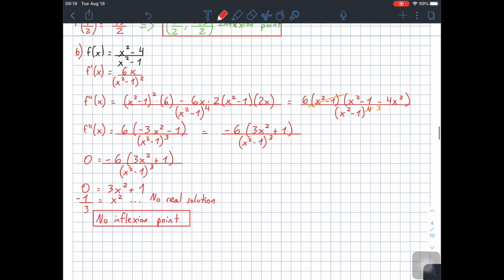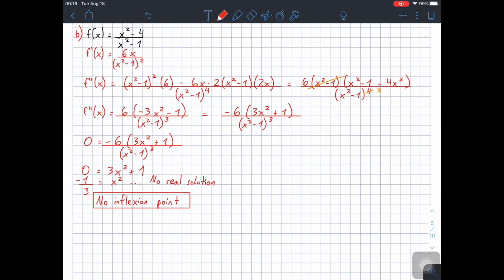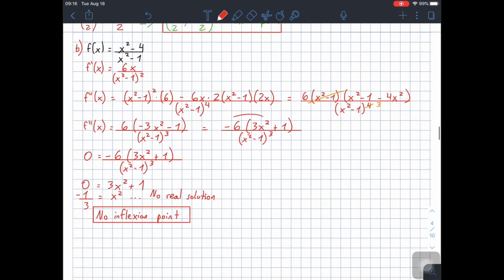But now we need to analyze where the graph is concave up, where the graph is concave down. One thing we know is that if we look at this second derivative, there are some values of x for which the function is undefined, right? Remember the rule. If you look at the denominator and you seek for any value which makes the denominator 0, then the function is undefined for those values, right?